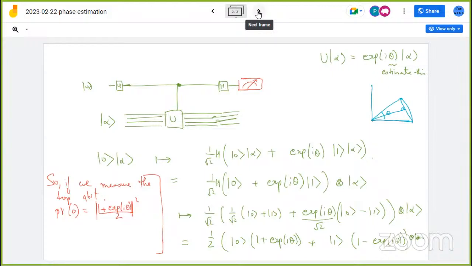That is cosine of theta by 2, if we just rotate it like this. So the probability is cos squared of theta by 2, which is also (1 + cos θ)/2.